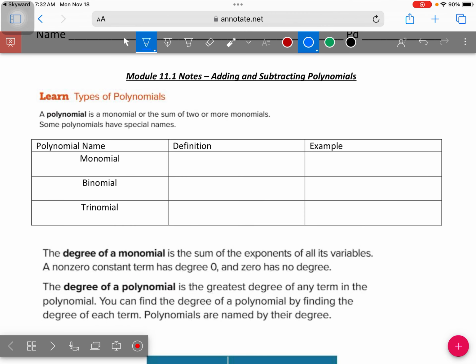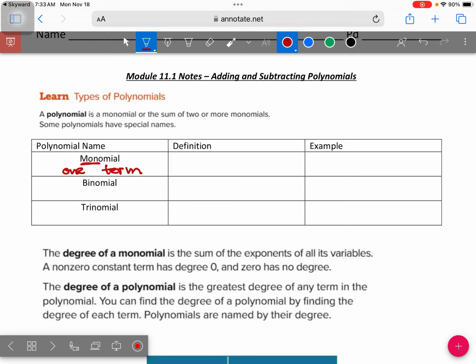So here it says up at the top, a polynomial is a monomial or the sum of two or more monomials. Some polynomials have special names, okay? So a monomial, that's the first one. Mono, do you know what that prefix means? One. So basically, this is talking about one term, okay?